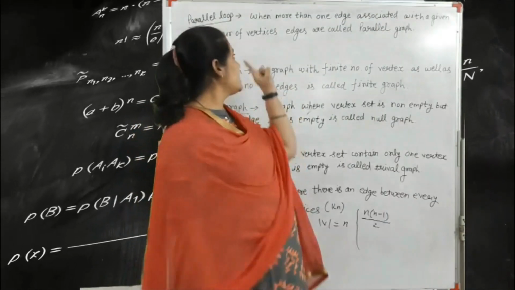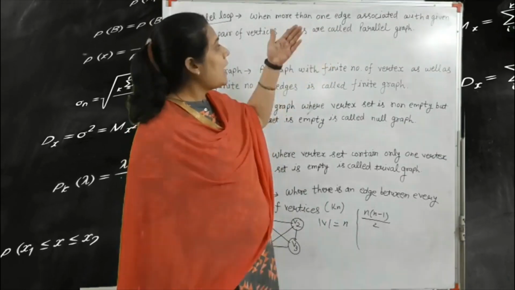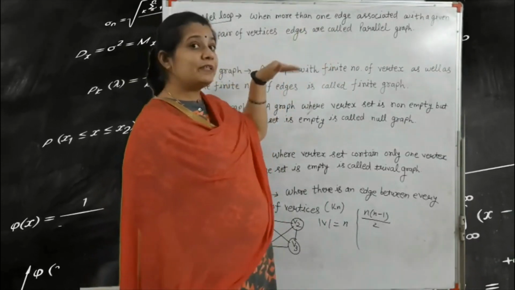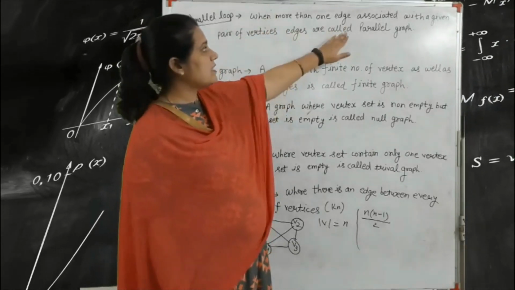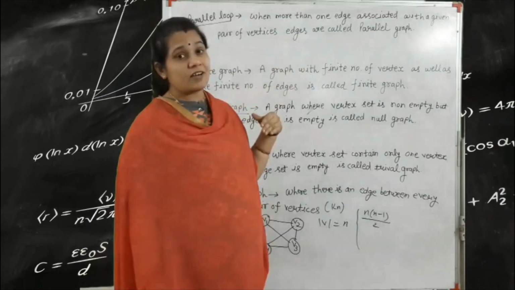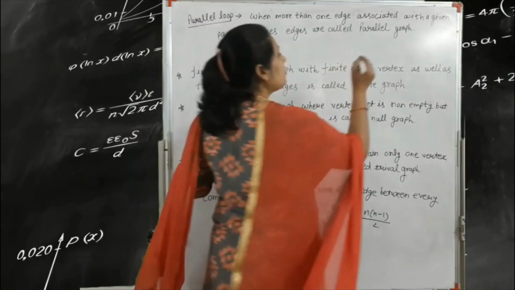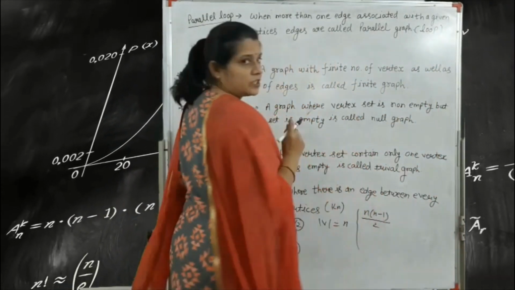Next definition is the parallel loop. When more than one edge is associated with a given pair of vertices, those edges are called the parallel loop, or you can say the parallel graph. So what is the diagram?